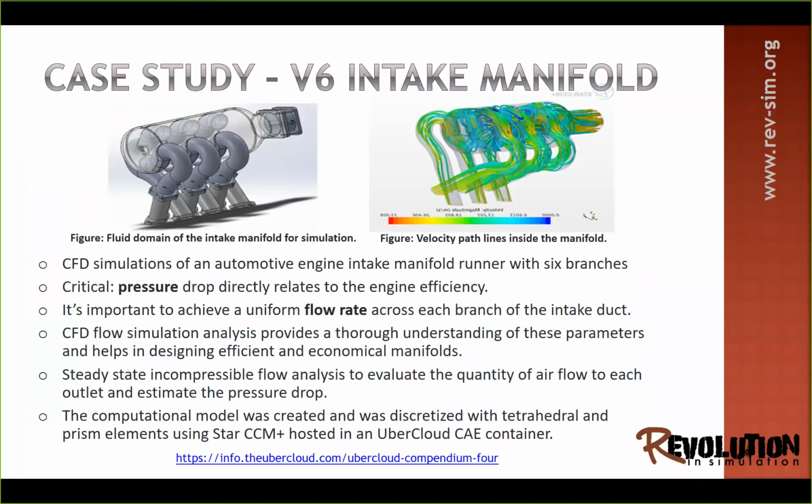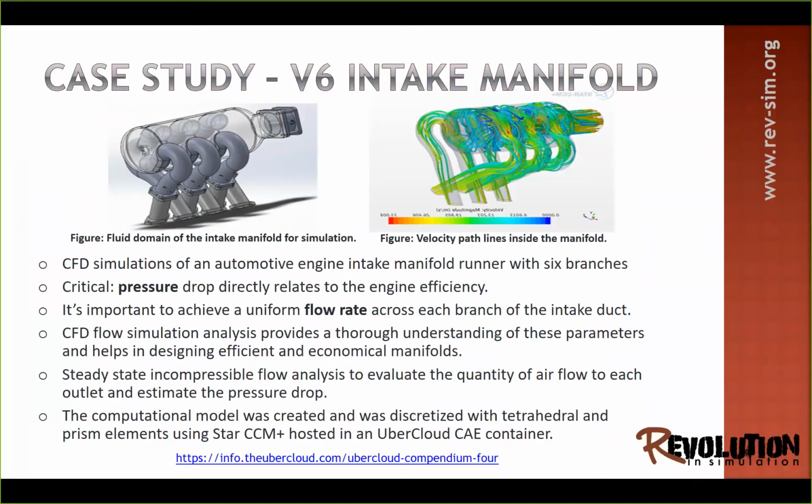But yeah, so this steady state incompressible flow analysis is to evaluate the quantity of airflow to each outlet and estimate the pressure drop there. The model was created and discretized with tetrahedral and prism elements. So tetrahedral you usually use within the flow field, and the prisms you use to get a more accurate resolution on the boundary of this geometry.